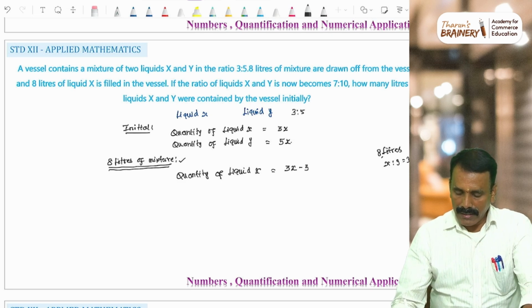Because out of 8 liters, 3 liters will be your liquid X and 5 liters will be your liquid Y.